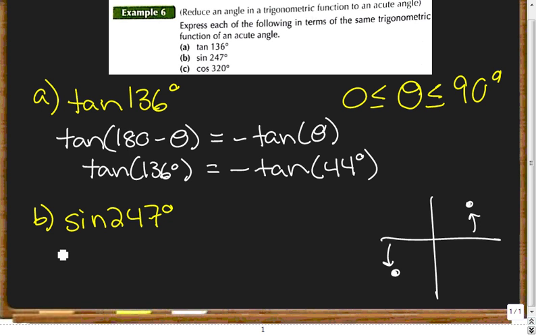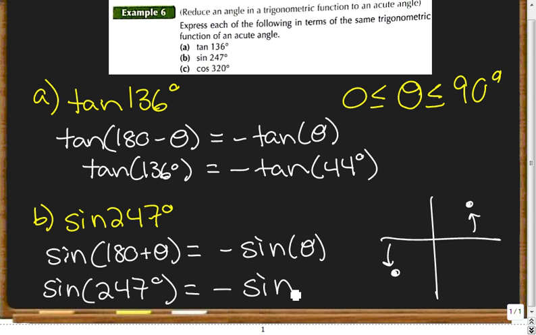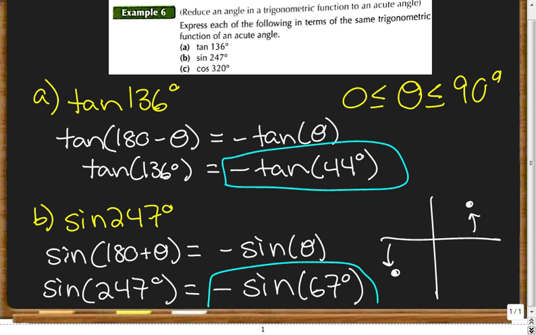So we can say that the sine of 180 plus theta is negative sine of theta. If the sine of 247 degrees is the opposite of the sine of 180 plus theta, then to make 247 theta would be 67 degrees. So again, these are my answers for those two.